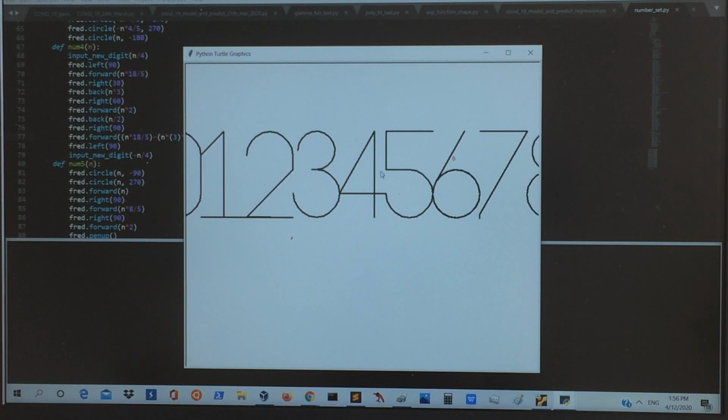It actually goes forward n, and it has to go forward 80 pixels. So if n is 50 pixels, so n times 8, 400 divided by 5, and then that right 90, forward n times 2, and then I code the turtle to go back there without leaving a line.